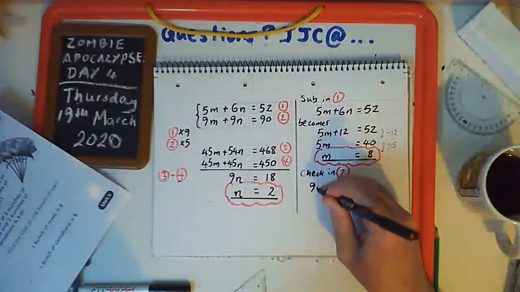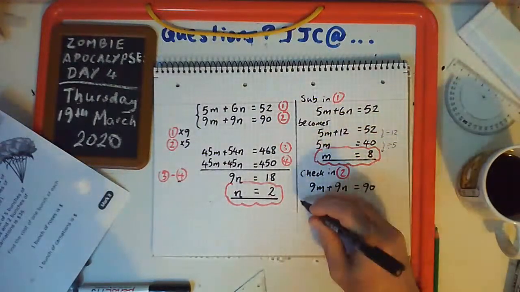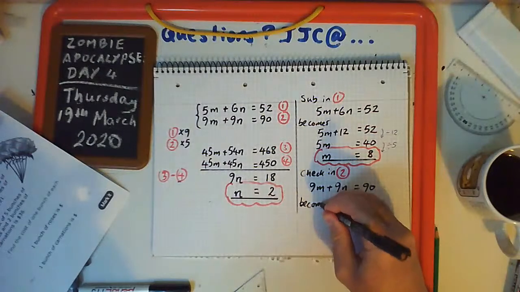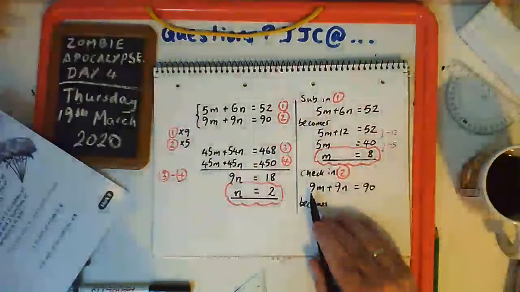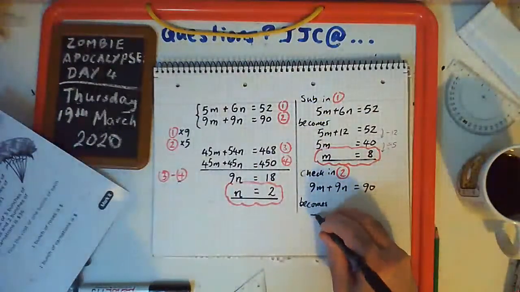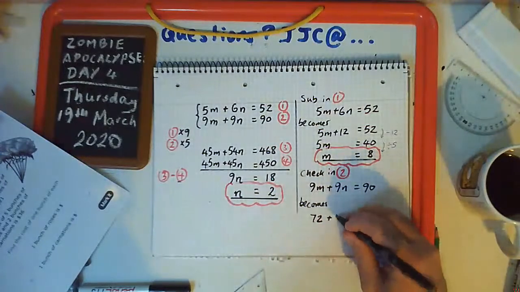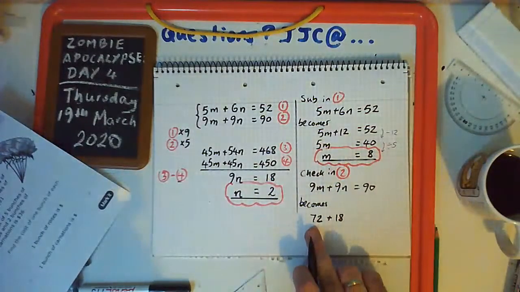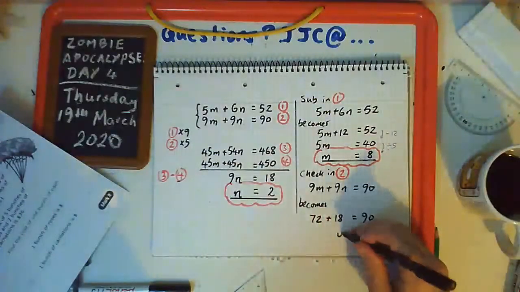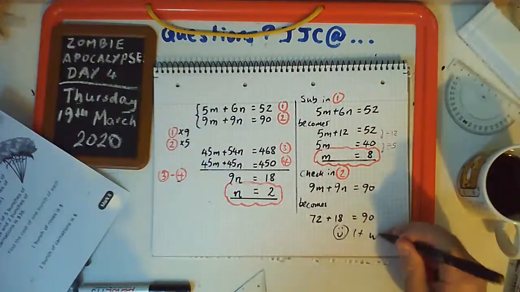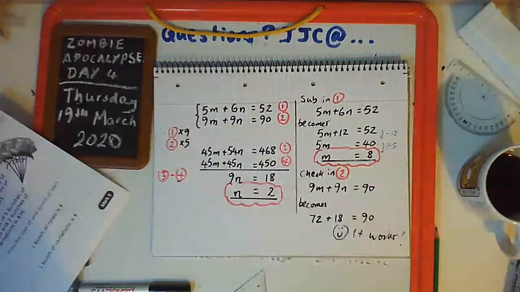So 9m plus 9n equals 90 becomes, I'm going to need a new pen soon, 9 times 8 is 72, 9 times 2 is 18, and 72 plus 18 is indeed equal to 90. So we know we've got that right, and we can go on to the next one.